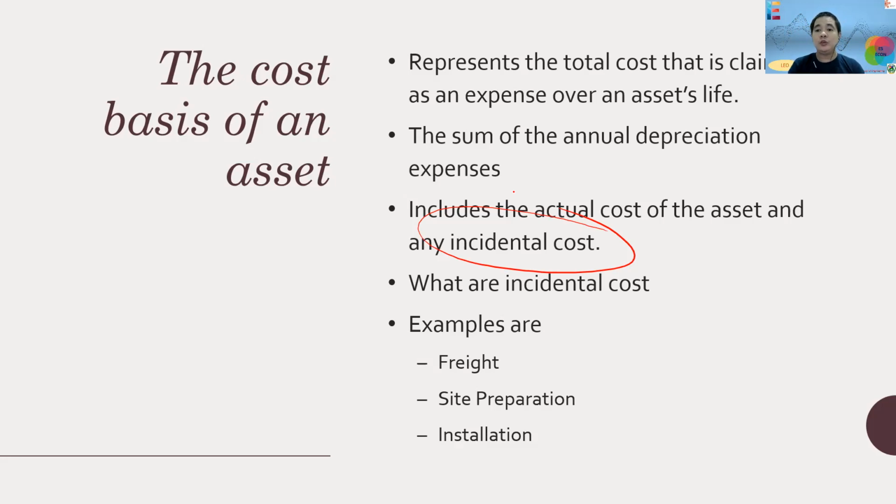So the total cost for your product is not 50,000. You should add up the other incidental costs such as the freight, which is 1,000, and the processing fee, which is 500. So basically, the total cost for the cell phone that you bought is equivalent to 51,500.